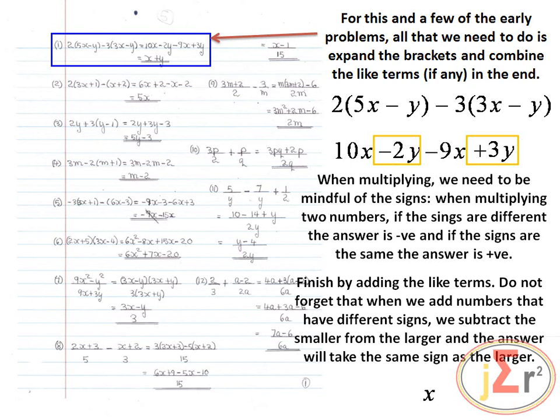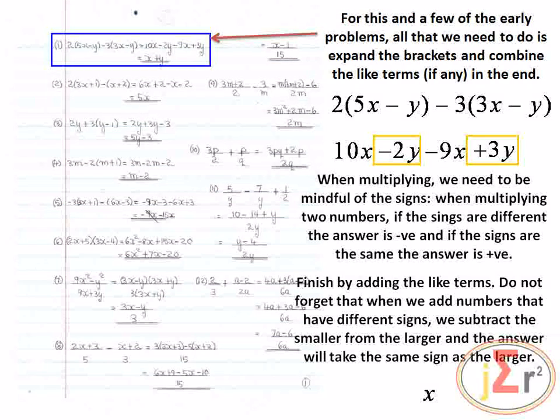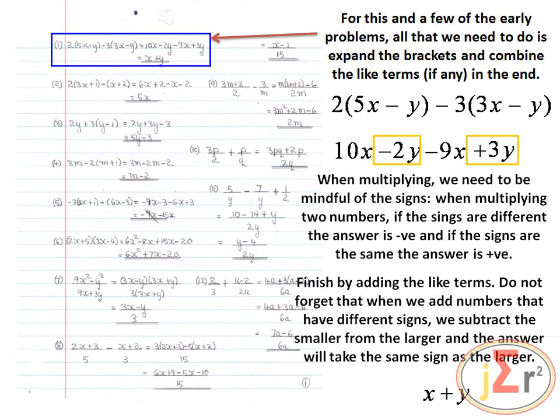The sign of the 3 is positive in this case, so a positive 1y, and we know that 1y is the same as y.